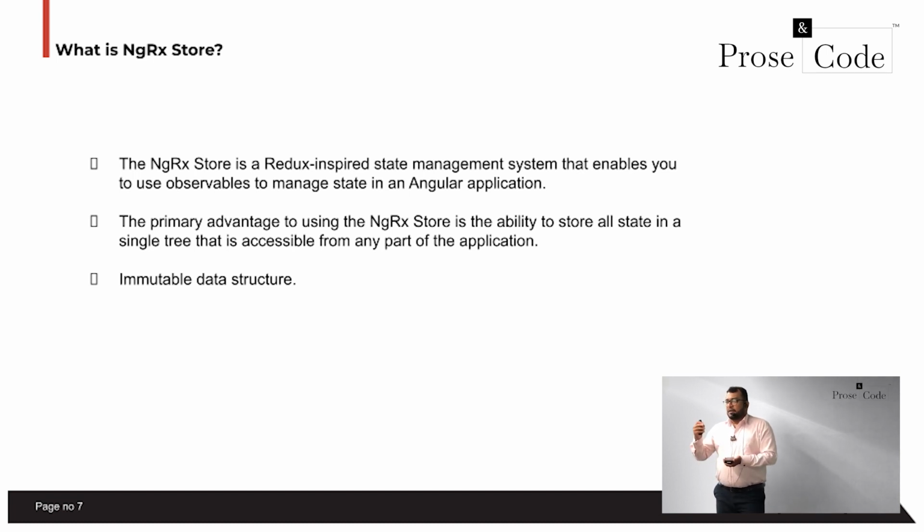When you are planning a particular module, for that module you are going to create one single object that will cover the end-to-end variables of that module. When you initialize with the default values and any action comes, the action will call the reducers and reducers will set the updated values to the store.